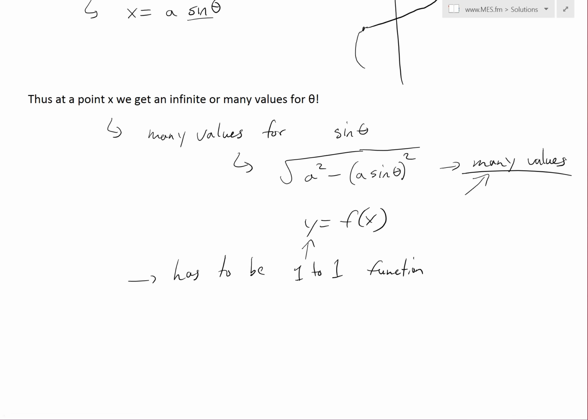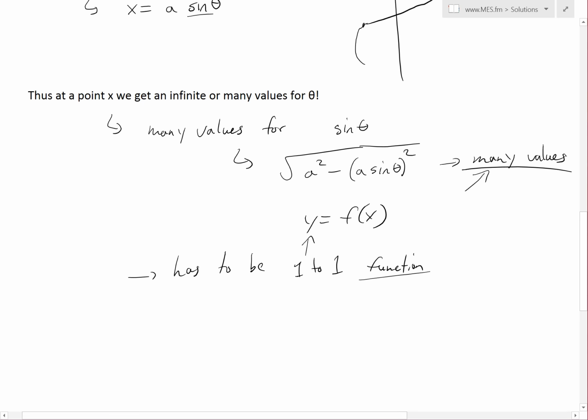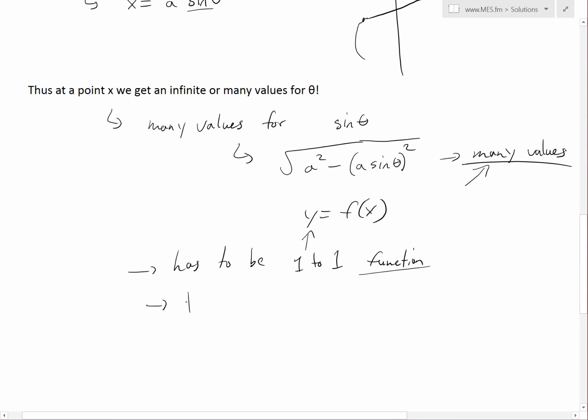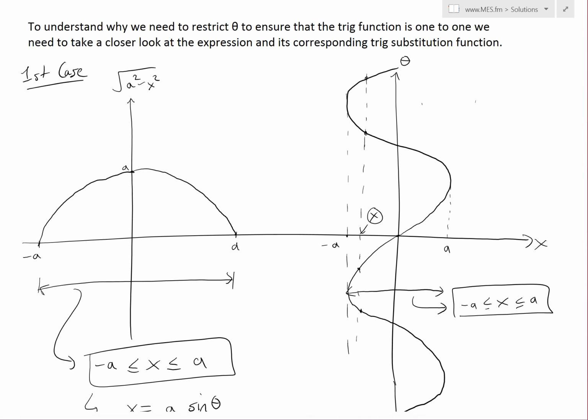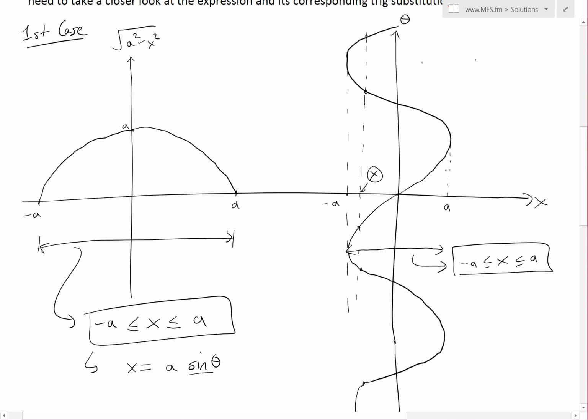Now, in order to do this, we need to restrict the domain of theta. If we scroll back up here, the most common choice is the same as for the inverse trig functions, and in this case it would be from here to here.